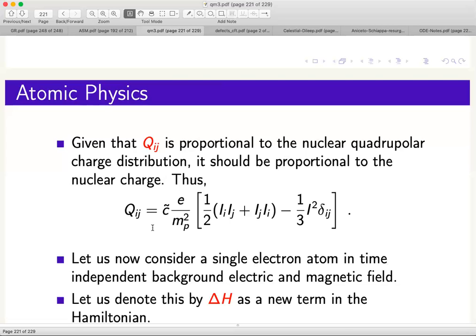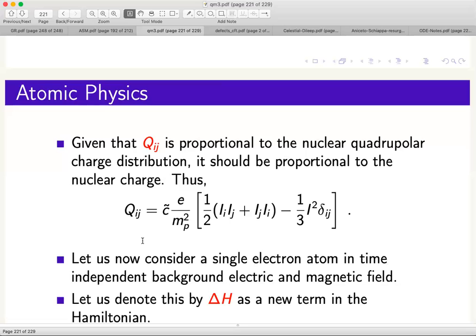When you do computations of this kind, you need to ask a question: when you are computing splitting in the electronic level, should you actually be doing degenerate perturbation theory, or should you be working with non-degenerate perturbation theory?